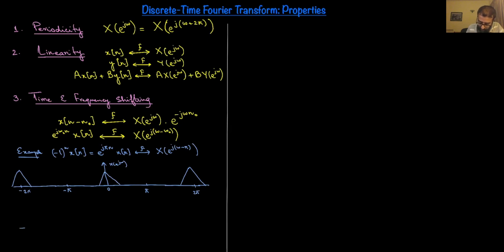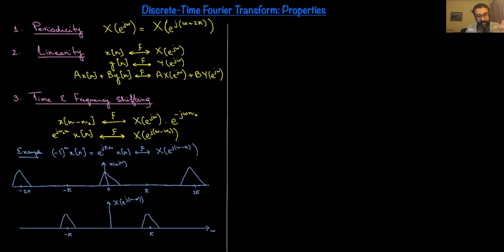And what happens after I multiply with -1 raised to power n? I get a Fourier transform which is X of e raised to power j (omega minus pi), and all that's going to happen is that the copy that was at the frequency of 0 is now going to reside at a frequency of pi. The copy which was at -2 pi is now going to reside at the frequency of -pi.